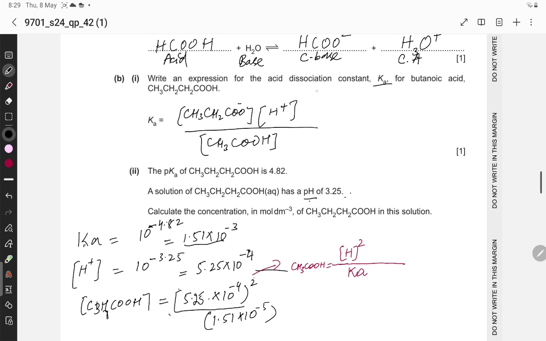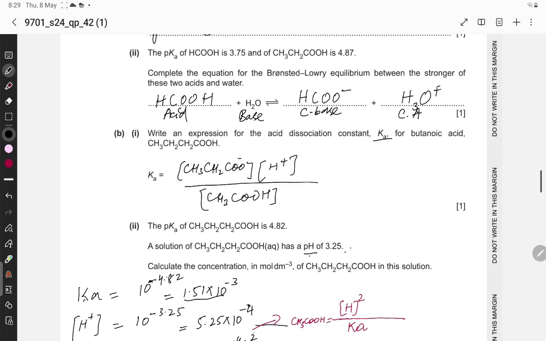Write an expression for the acid dissociation constant Ka for butanoic acid. So this is butanoic acid, CH3CH2CH2COOH, which forms CH3CH2CH2COO negative plus H positive ion.